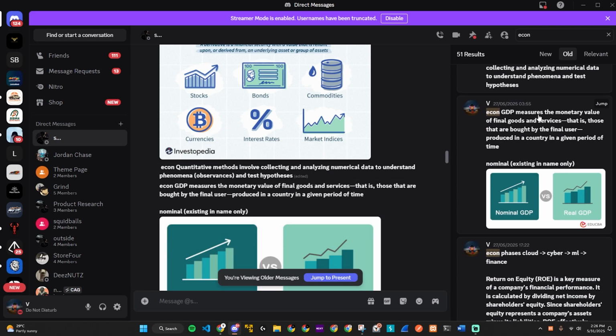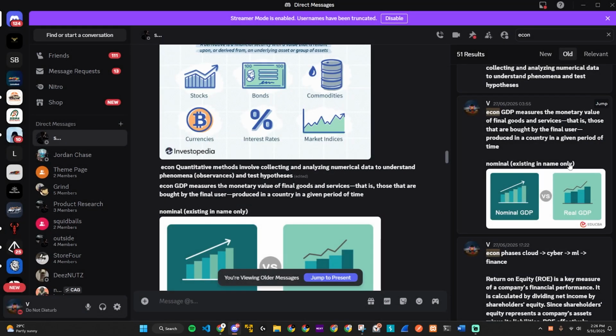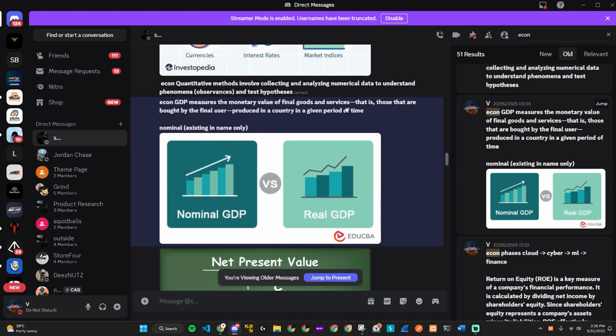GDP, gross domestic product, measures the monetary value of final goods and services, that is those that are bought by the final user, produced in a country in a given period of time. Nominal, existing in name only. So there's nominal GDP and then there's real GDP, right? So let's simplify this a little bit.